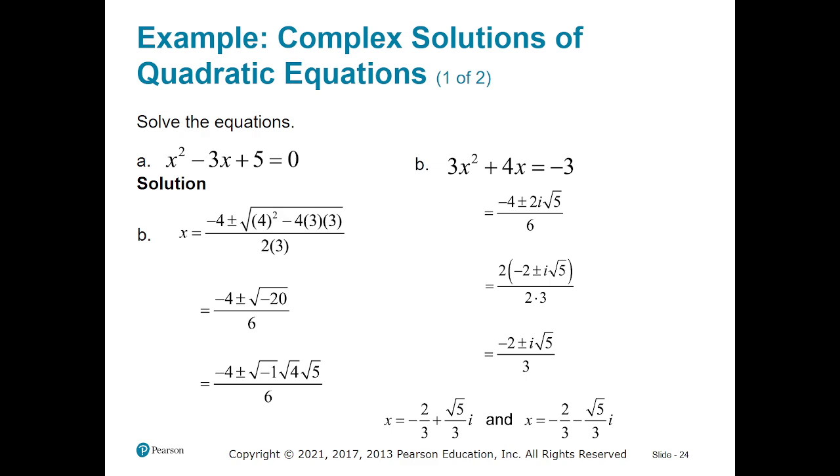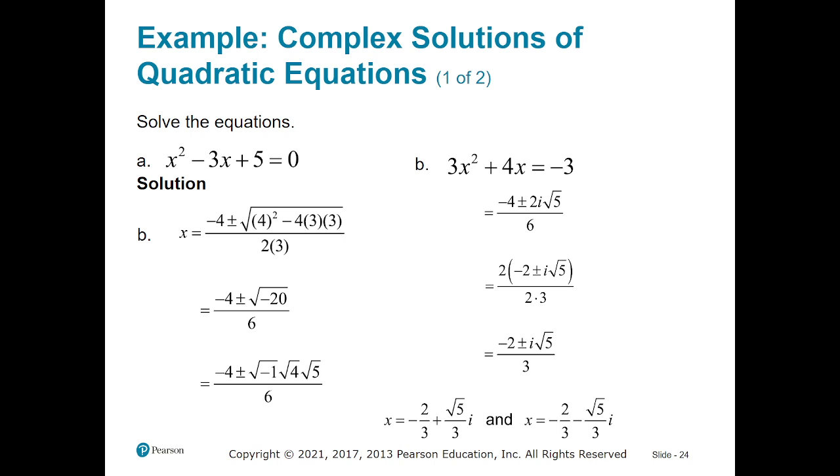And so if I do that, 16 minus 4 times 3 times 3, that turns into a negative 20. Okay, and all of this is over 2 times a, so 2 times 3 is 6. And so now we've got negative 4 plus or minus the square root of negative 20 all over 6.